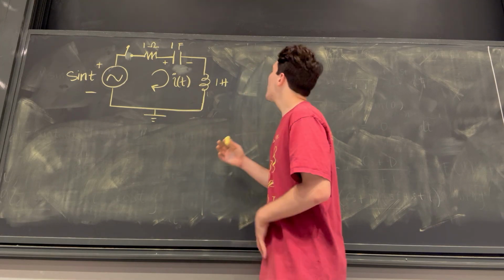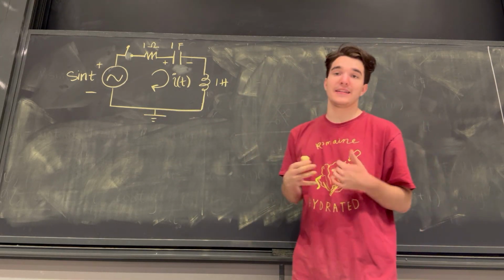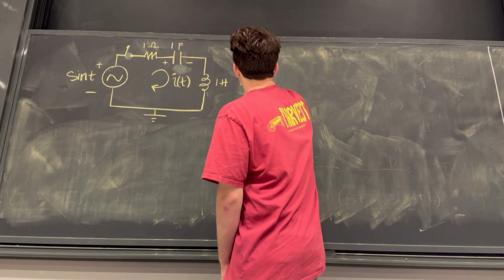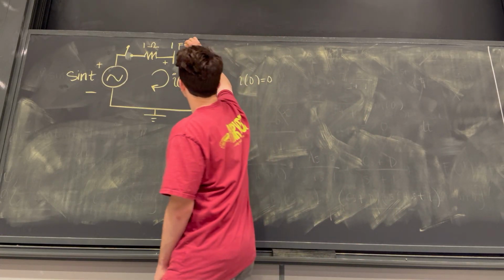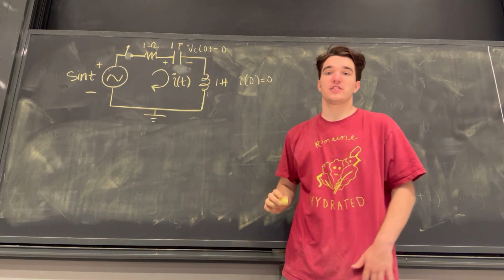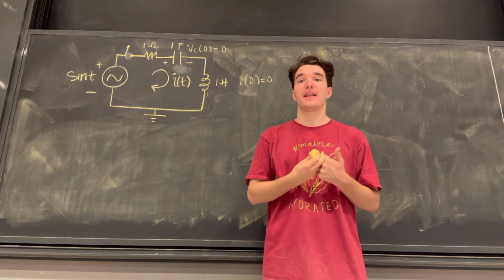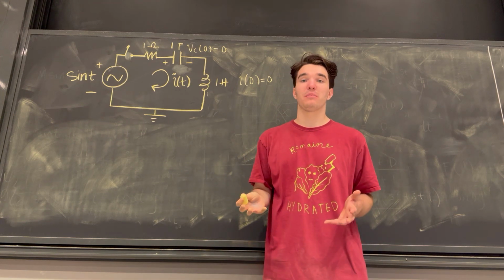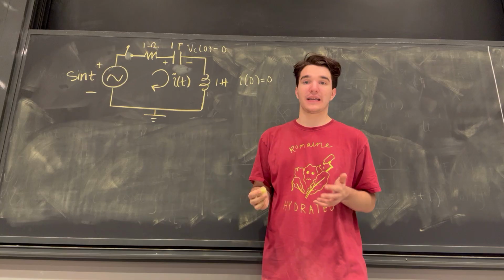So those quantities must remain 0 at time equals 0. The initial current through the inductor is 0, and the initial voltage across the capacitor is 0. Had those initial conditions been non-zero, our Laplace transform of this circuit would have been a lot more complicated, but it's going to be pretty simple because they are 0.